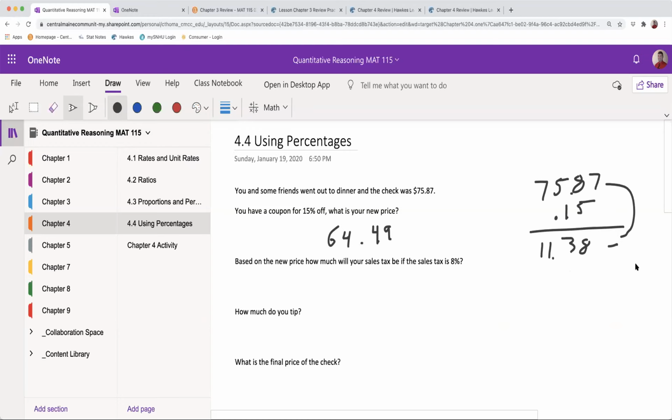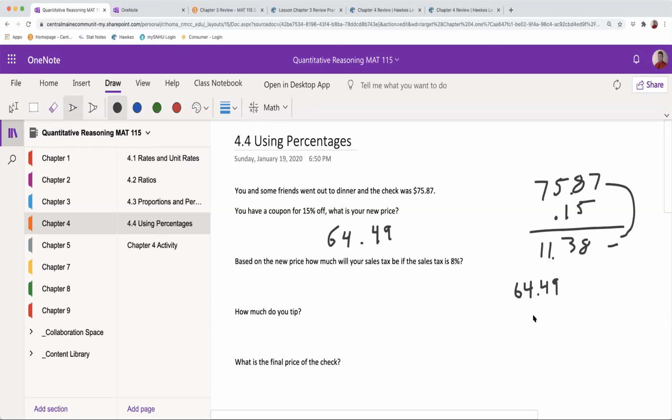All right. So now that they've taken off the coupon, now we got to pay our lovely sales tax, right? So now we're going to add back on 8% of that. So again, we do the same thing. We take our new price, 64.49.